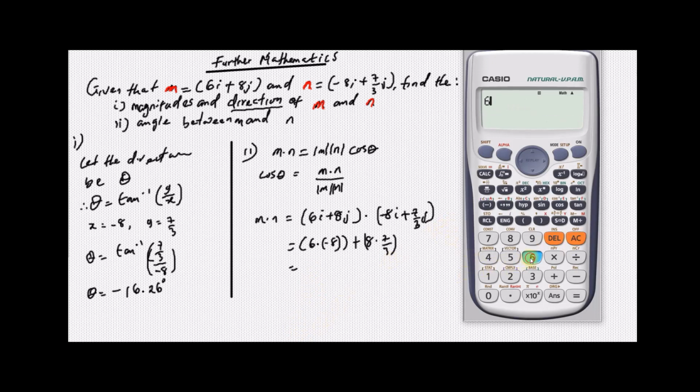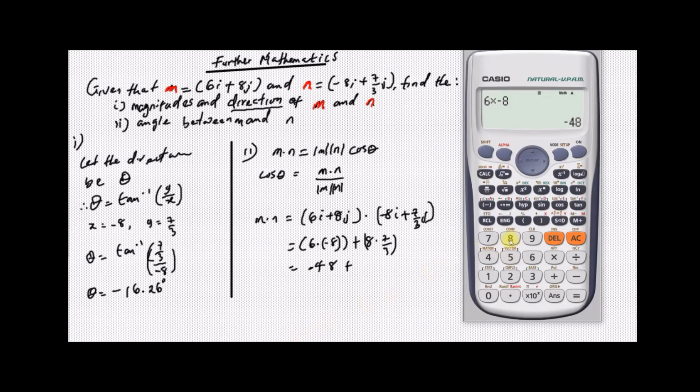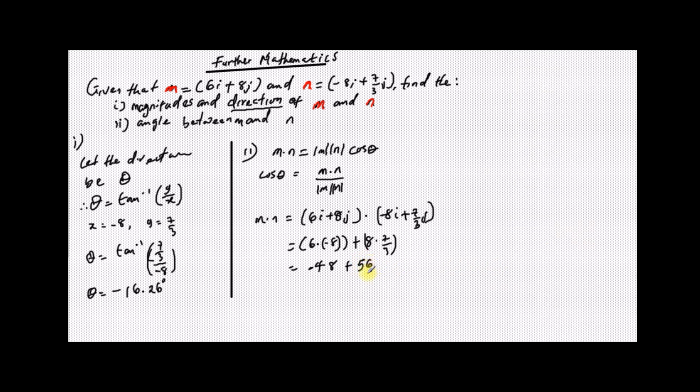So 6 times minus 8 will give us minus 48, then plus 8 times 7/3 will give us 56/3.